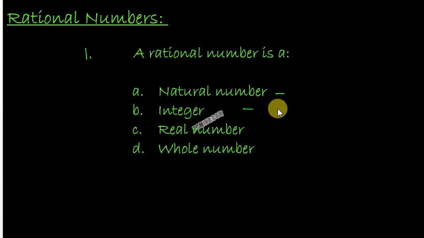But rational numbers are not just integers. Even the decimal numbers are rational numbers. So whole number would also not be the correct choice. Real numbers include the integers and the decimal numbers, whether terminating or non-terminating, therefore real number will be the correct option. So a rational number is a real number.